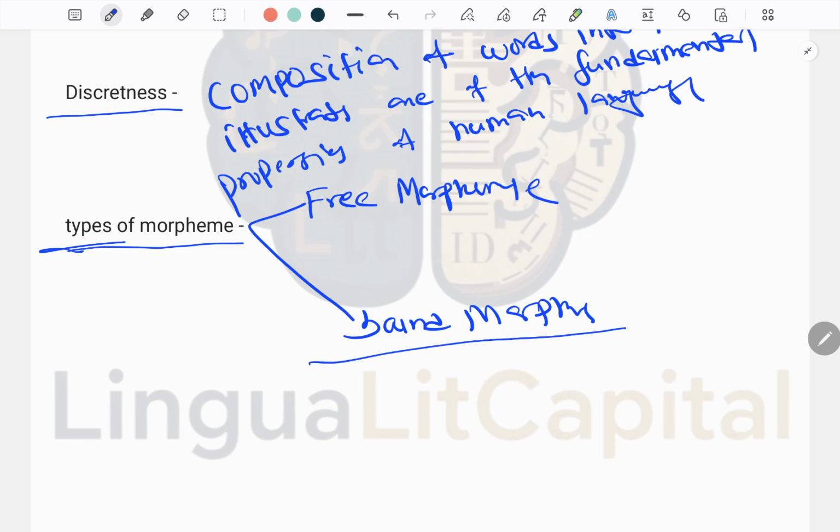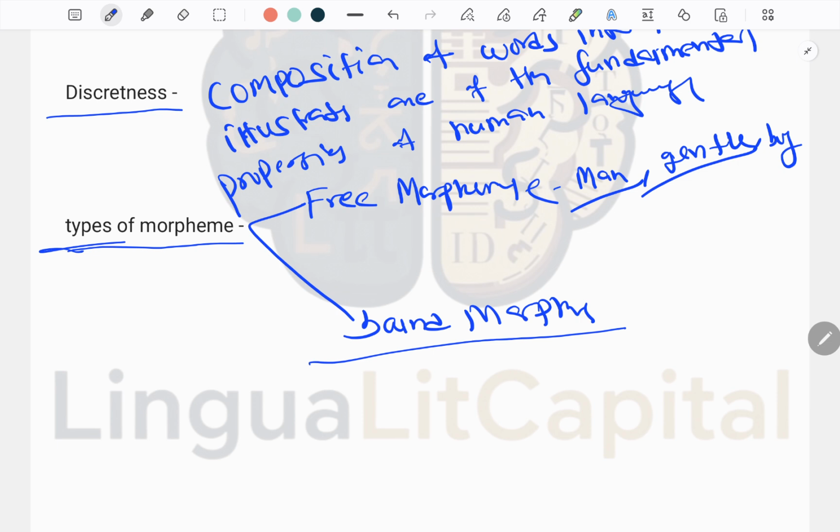When we talk about the free morpheme, free morphemes are those morphemes that constitute words by themselves, like man, like gentle, like boy.